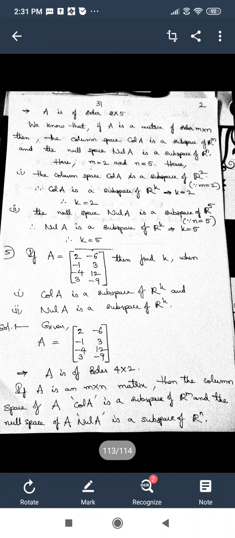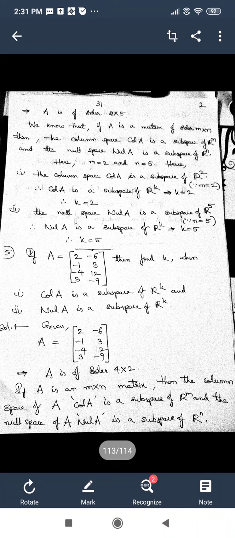Now, by using the point that we have mentioned just now, that column A is a subspace of Rm and null A is a subspace of Rn, we can give the solutions for the 2 bits of the problem. So the first bit answer is that the column space column A is a subspace of Rm. Here in this case m has the value 2.